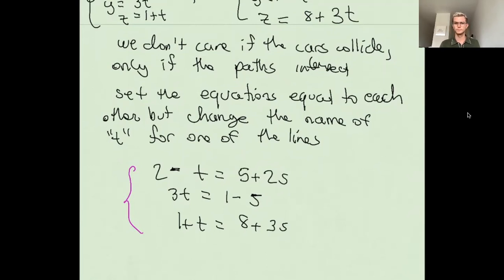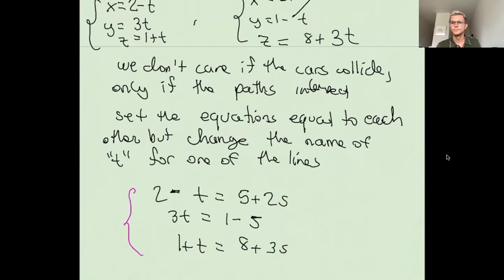I'm still not understanding the full motivation behind changing the variable and why that avoids the problem from before. Because if you keep T on both sides as the same variable T, that means you're implicitly stating that they're meeting at the same time.